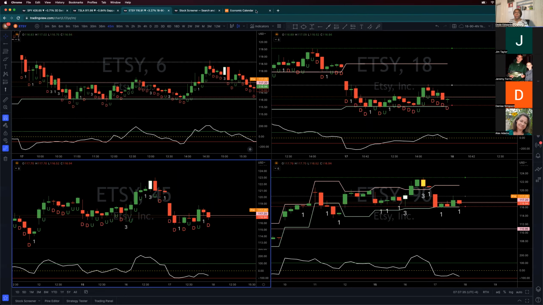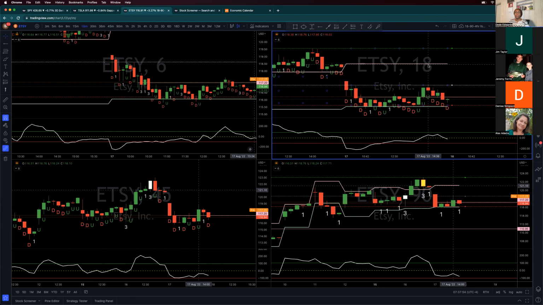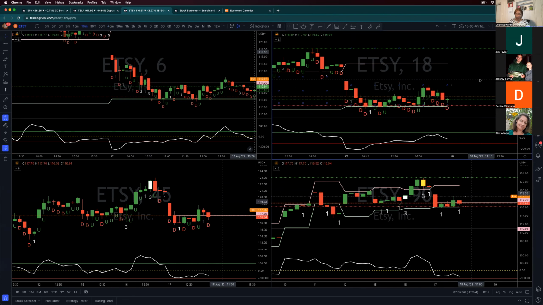Okay, so very difficult trading, but you can see how either you do not trade when it gaps down, or you wait for ADR and look for reversals.